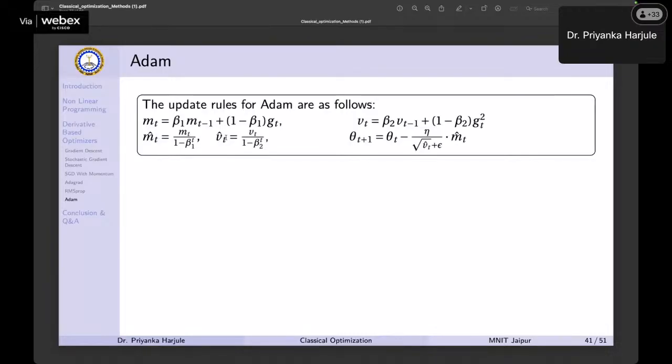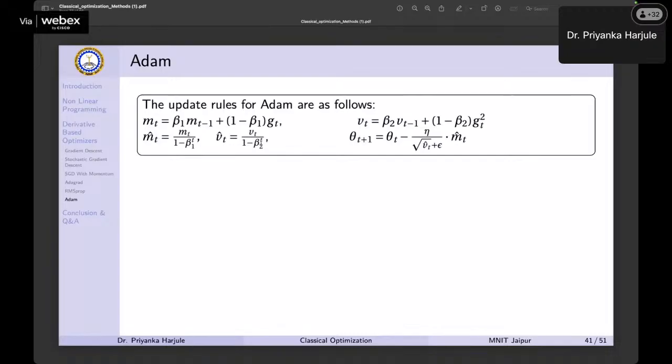We see that the expected value of m_t is basically a correction factor times that value mu. So this 1 minus beta 1 or 1 minus beta 2 appears as a correction factor which needs to be taken as a bias correction.